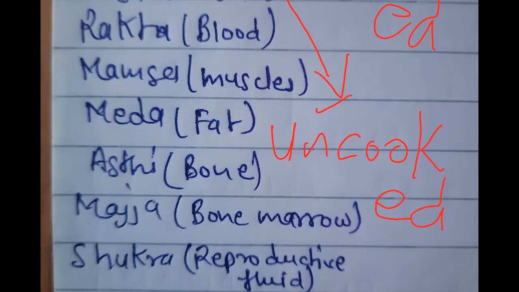Whatever food you eat, the liquid that is converted by the body's enzymes then needs another procedure to make it cooked. If it remains uncooked, then it is converted into ama.